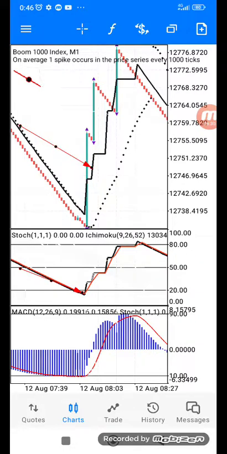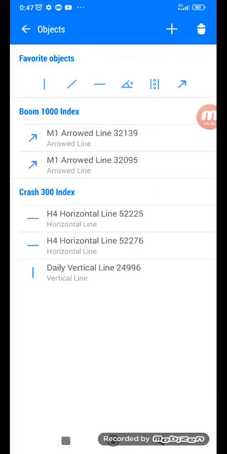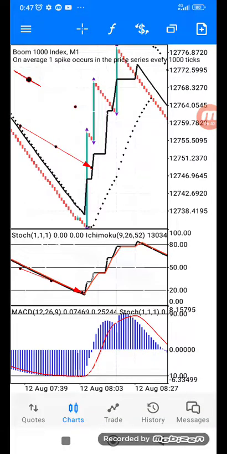Now that we have the spike above the Ichimoku line, the next thing we need to wait for is a retracement of a bearish bar to that Ichimoku line, which is this. Now we have a spike from here, it's above the Ichimoku line, and here we have a bearish bar coming down but it does not retrace back to this level.